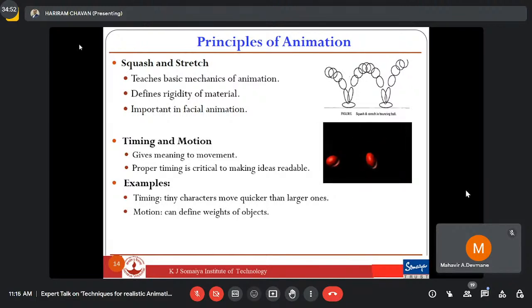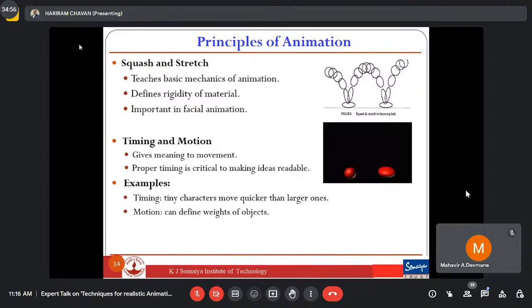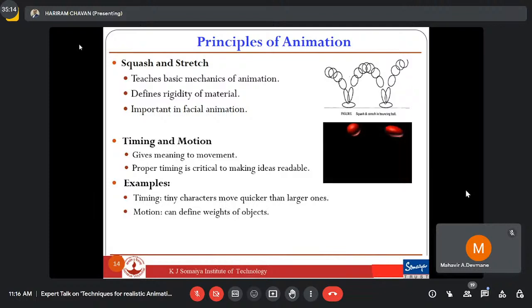If I consider a square, then I can transform this square by shear operation. Again, it is the 2D transformation you might have studied, by which you can change the shape of the 2D object. And if you stretch a bit, you can change this rectangular square into an arrow, which might be my second slide. Second one is the timing.